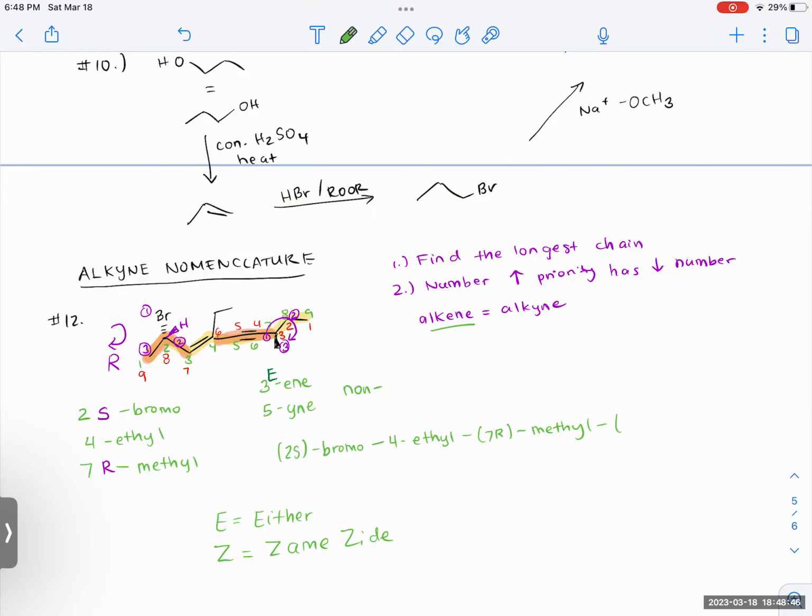E comes before Y. We're going to have 3E, and we're going to leave out the E because we are not done. 5. Oh, I forgot the nonene. There's supposed to be a nonene right there. And 5, 9.